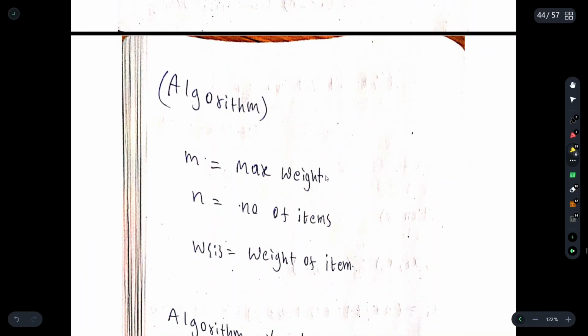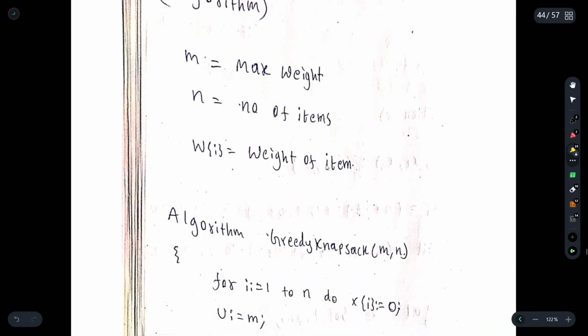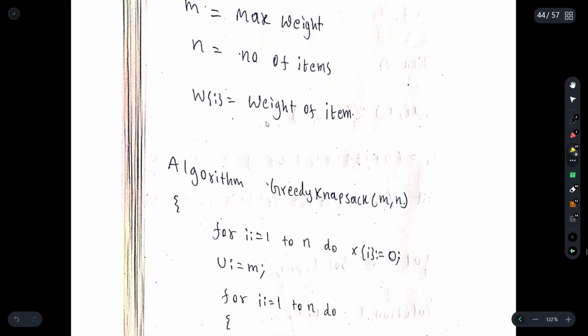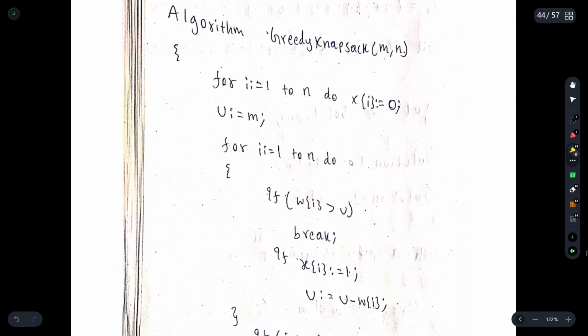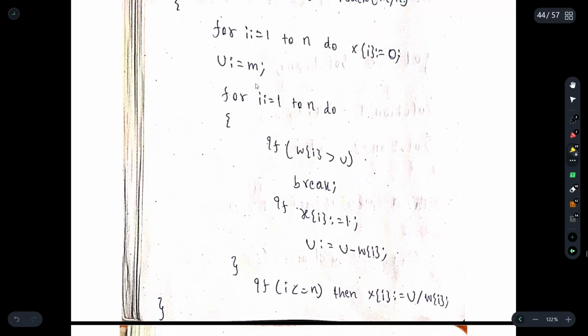So this is the knapsack problem explanation, and now let's get into the algorithm. Here m is the maximum weight, n is the number of items, and w of i is the weight of the item. So, the algorithm for greedy knapsack. We consider the remaining capacity of the knapsack bag as u.